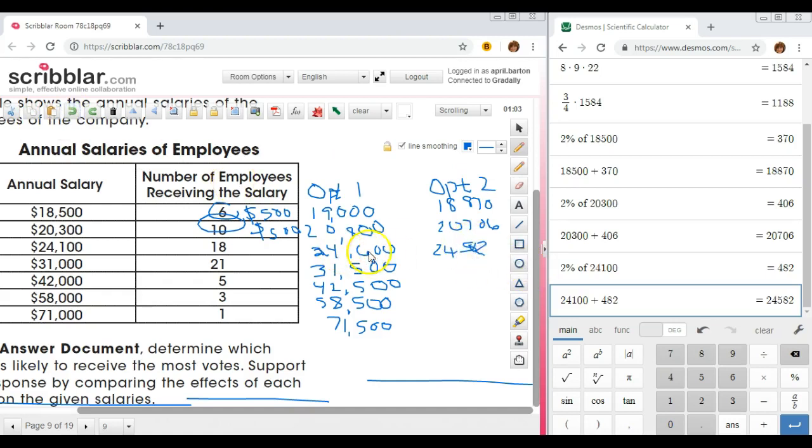So these people also want the 500. 24,600 is a little bit more. So these 18 people want the $500 raise.